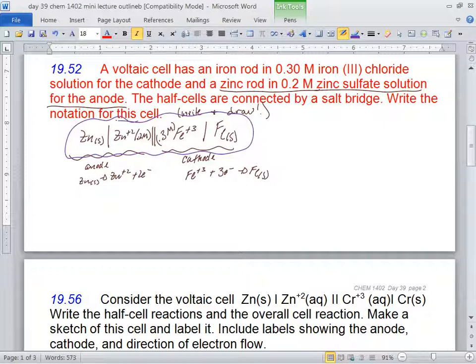Make the anode on the left, cathode on the right. Make sure you have concentrations written in there. Pretty much it's the half reactions; they just left out the arrows and the electrons.